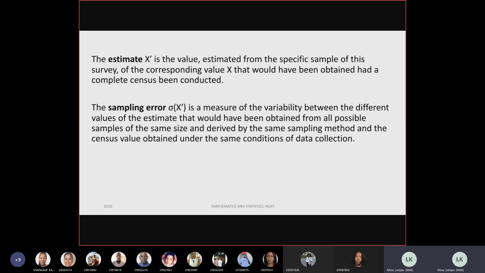So this is basically just comparing how the estimates differ from each other. You take several samples, all of the same size, you obtain the samples in the same way, and then you measure how much they differ from the population.